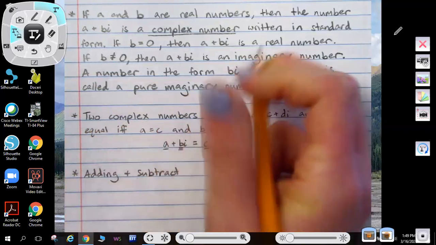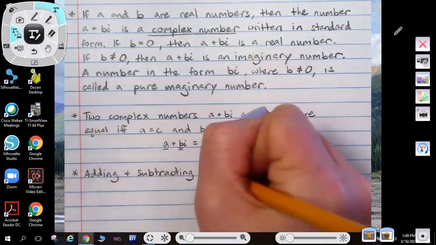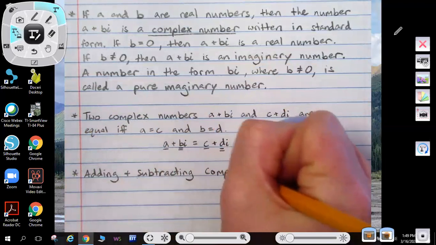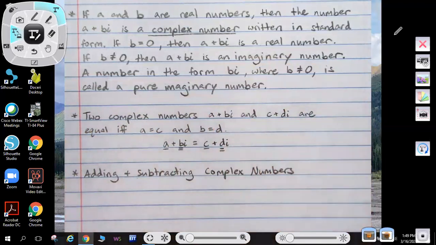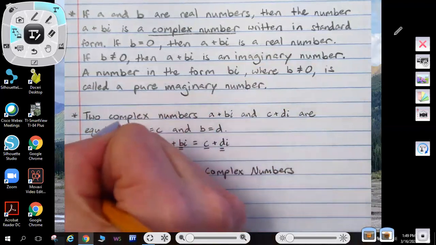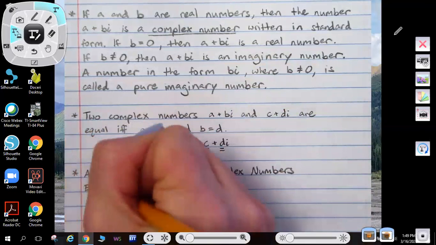Okay, we're going to look at adding and subtracting complex numbers. We're just going to do some examples.